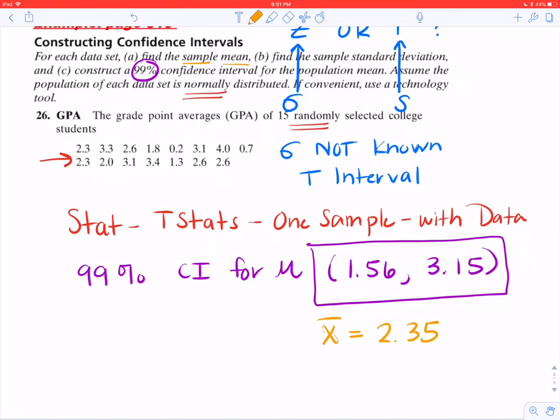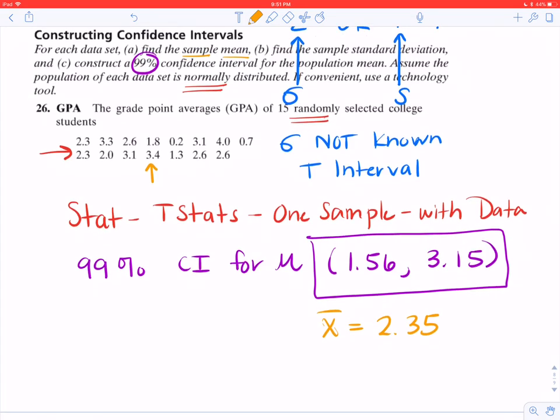That's the mean GPA, but only for these 15 values, right? Only for the sample. Again, the interpretation here, this interval estimates the GPA for all students, not just these 15. And it's estimating it somewhere between 1.56 and 3.15.